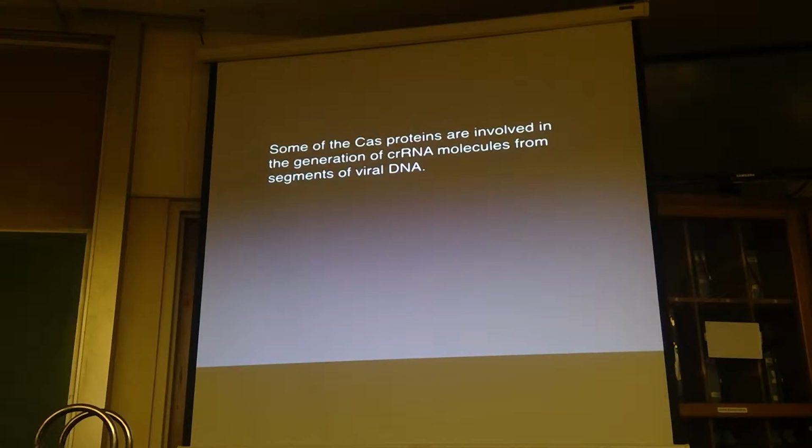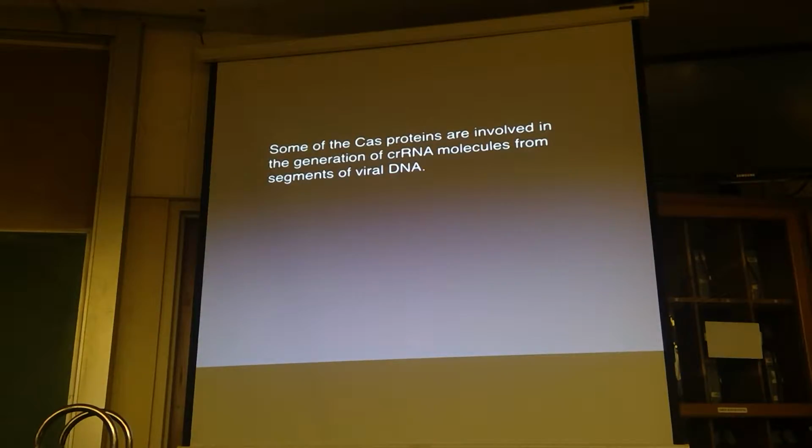These CRISPR RNA molecules are encoded by viral genes. So the bacterial cell or the archaeal cell will take some viral DNA, incorporate it into their genome, and it stays there.